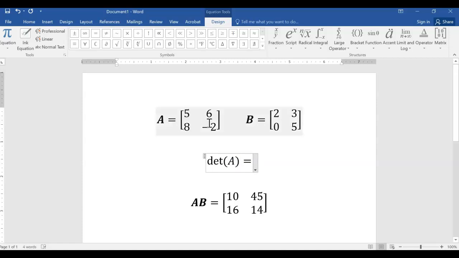So now the determinant of A: 5 times -2 is -10, minus the cross diagonal, 8 times 6, which is 48, obviously. So -10 minus 48 gives you -58.